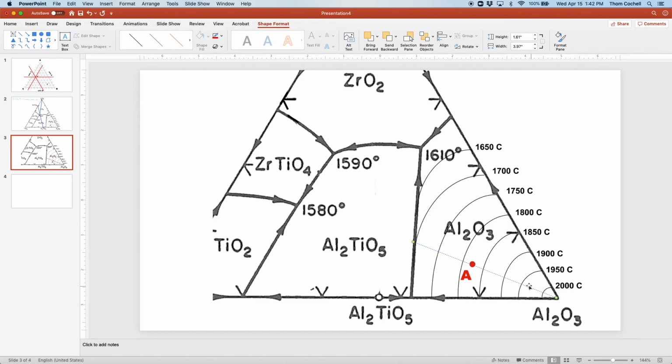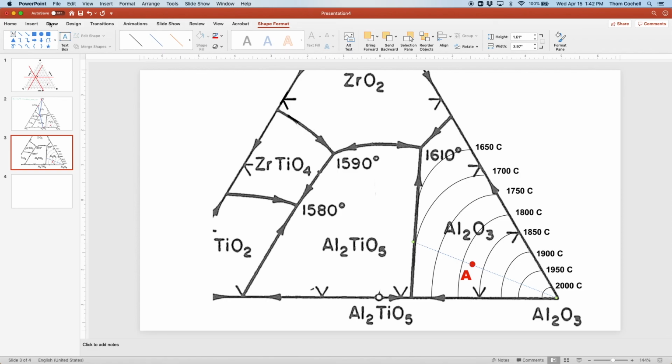So that's why I've made this dashed line to illustrate where that line is going to be. Because it tells me that initially my liquid is going to have a composition of A, and then it's going to run along this line, the composition of the liquid, whereas the solid maintains its composition over here. So the liquid composition goes away from A along this tie line that I've drawn.